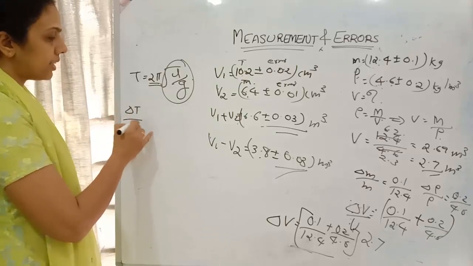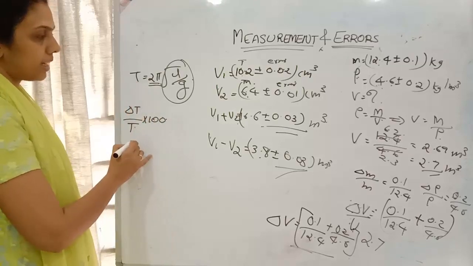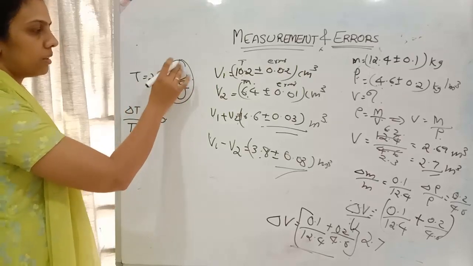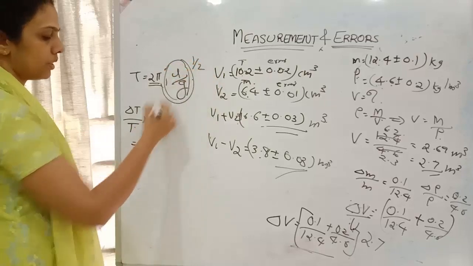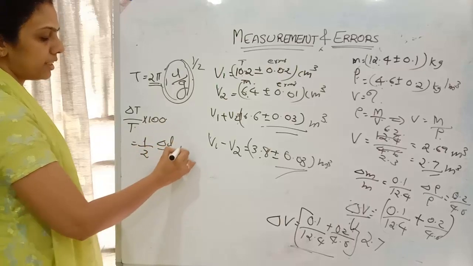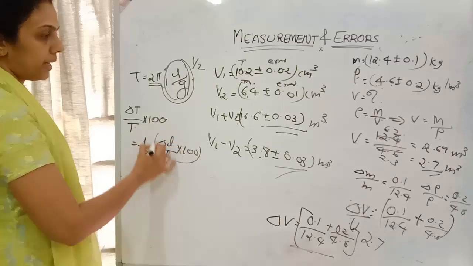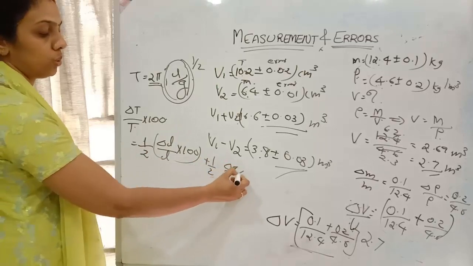The percentage error is delta T by T into 100. This is the percentage error of T, which will be equal to, since root of L by G is L by G the whole power 1 by 2, 1 by 2 into delta L by L into 100 plus 1 by 2 into delta G by G into 100.